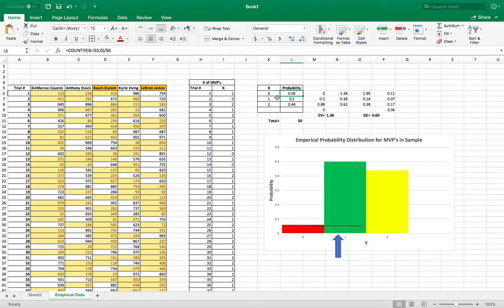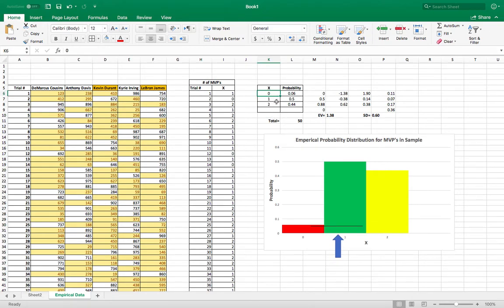If you notice, this histogram looks a lot different than the last histogram. The value 0 is about the same. On the last one, if you remember, it was 10%. Here it's 6%, so not a huge difference. What I found kind of fascinating is how different 1 and 2 are.